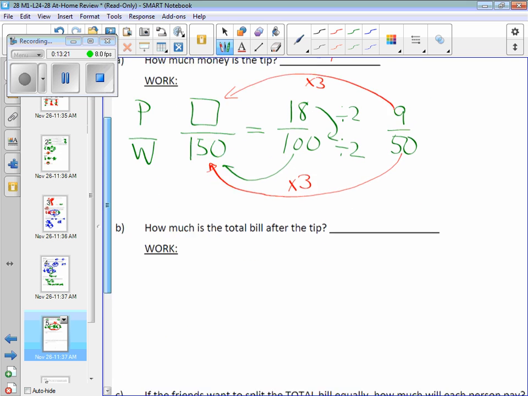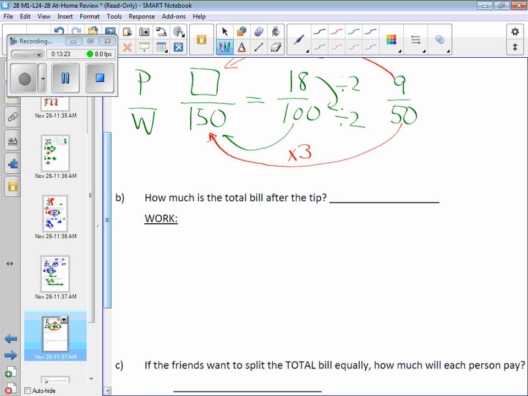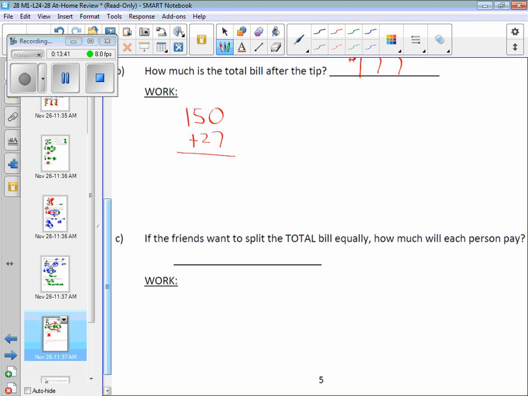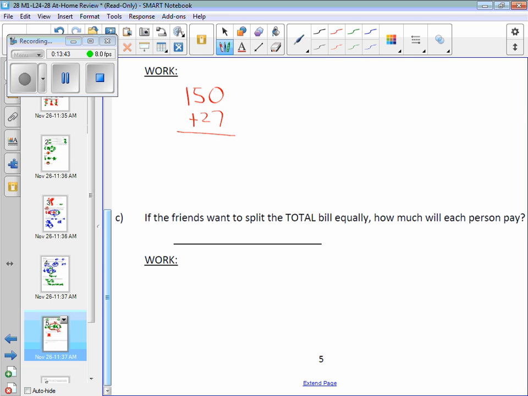To figure out what the total bill will be, it's the original or whole price, the cost of the meal, plus the $27 tip. And you get $177. And finally, you've got to split it 3 ways. That's going to be long division.